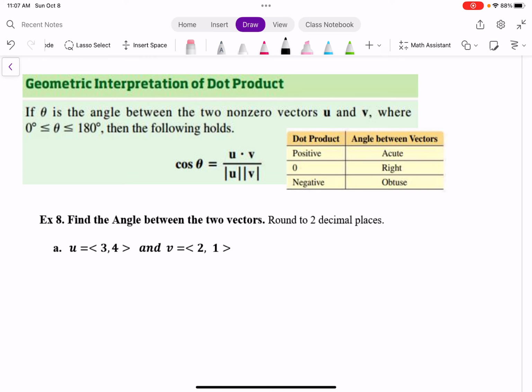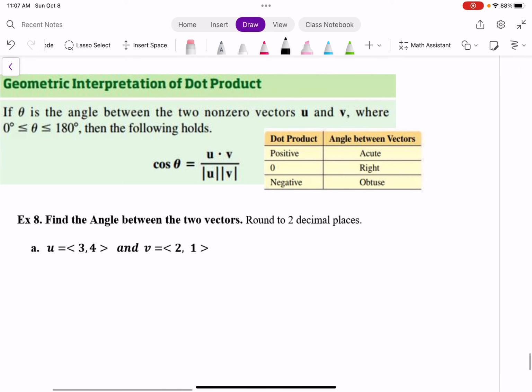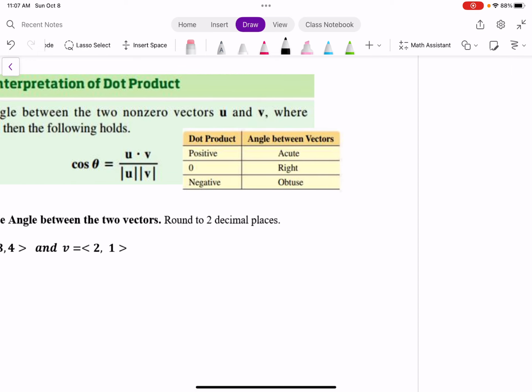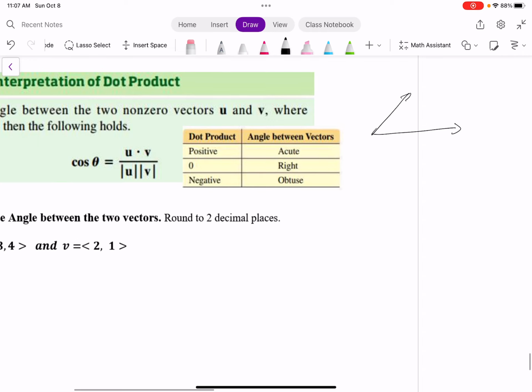Geometric interpretation of dot product. So if I have two vectors, u and v, how to find the angle between these two vectors? In the previous class, we found the sum of two vectors. But now, I'm looking for this angle theta.